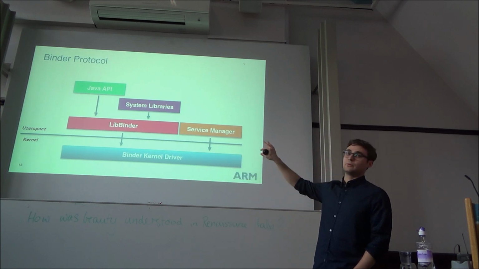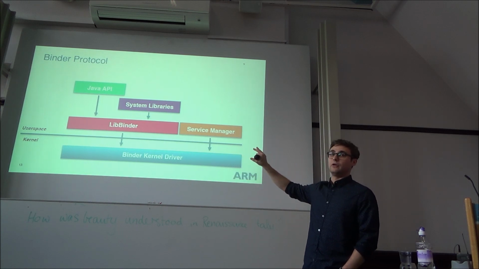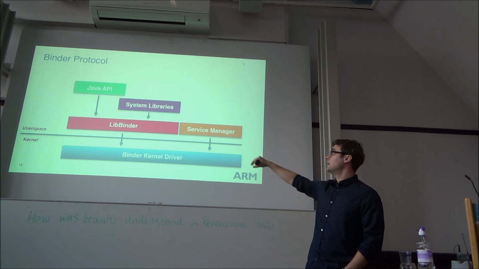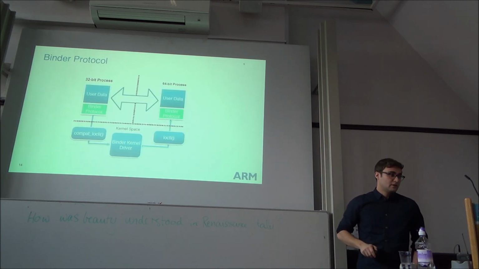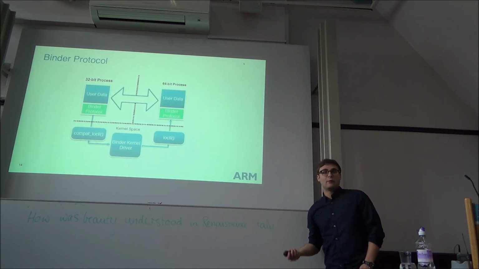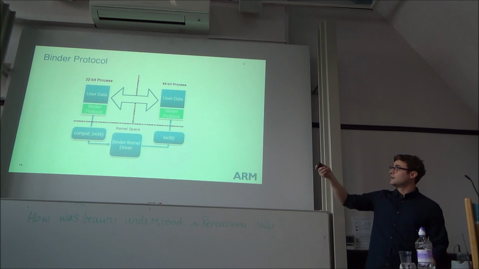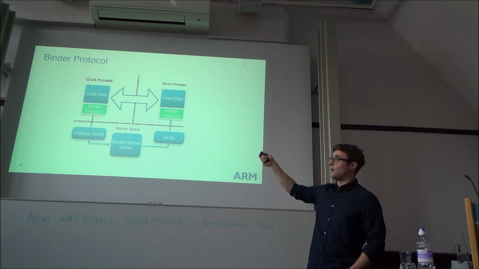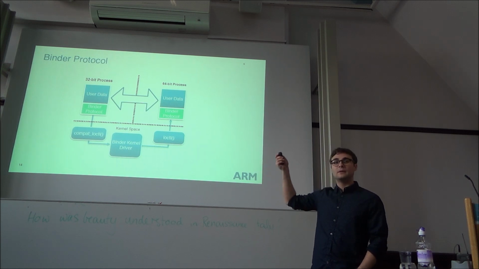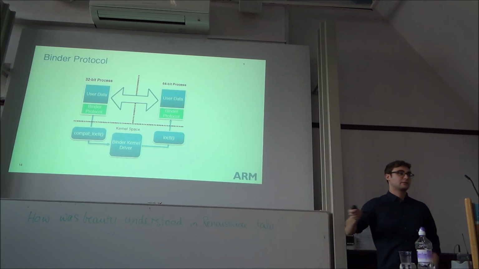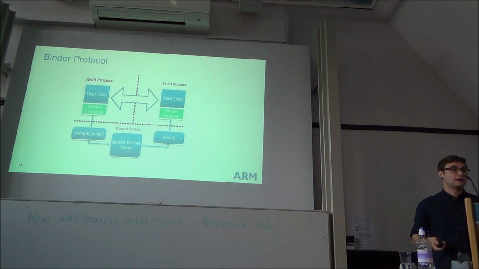So you have libbinder, which is a user space abstraction, also called hardware abstraction layer, so you refer to it as a HAL, and then you have the service manager and the binder wrapper. So what did I want to do? I want to have 32-bit processes communicating with 64-bit processes. So I would want both of those to understand the same bitness, the same structures, and to interpret the data in the same way.